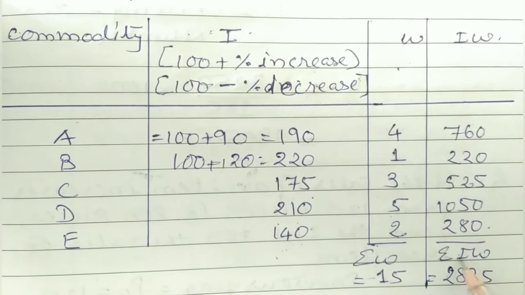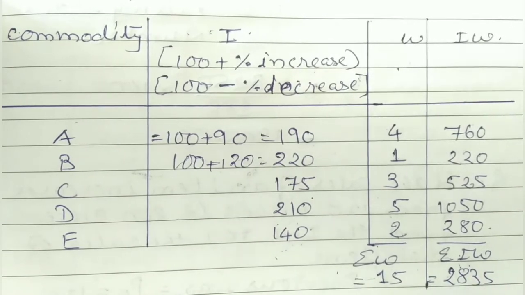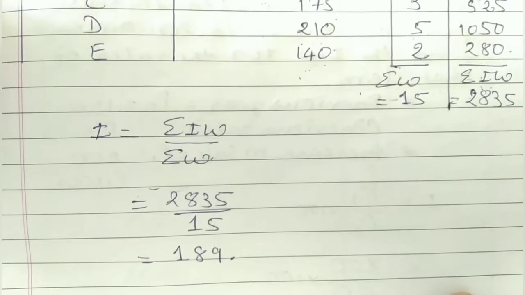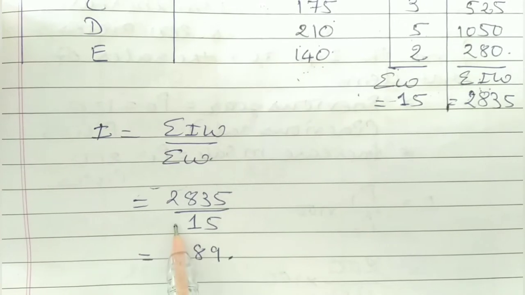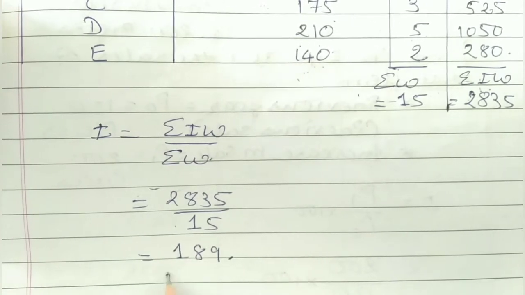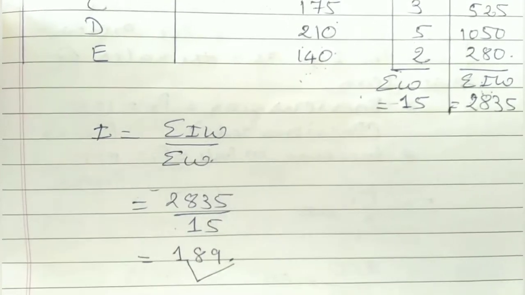The total of IW is your sigma IW. So sigma IW and sigma W are ready. Just place these values in your formula: I is equal to sigma IW upon sigma W, that is 2835 upon 15. The answer would be 189.